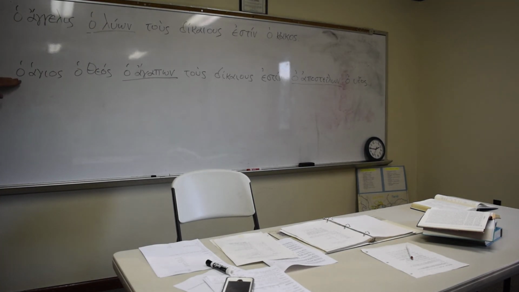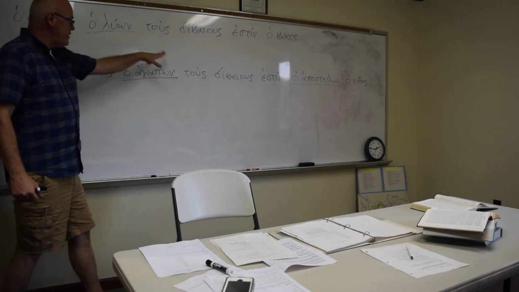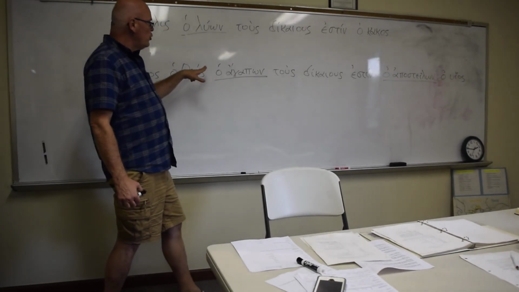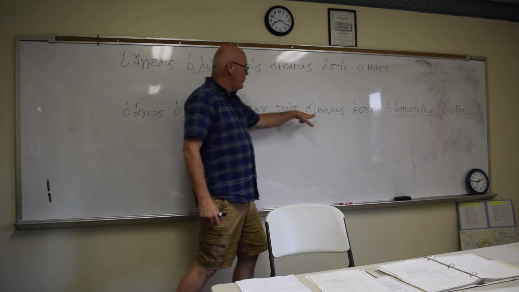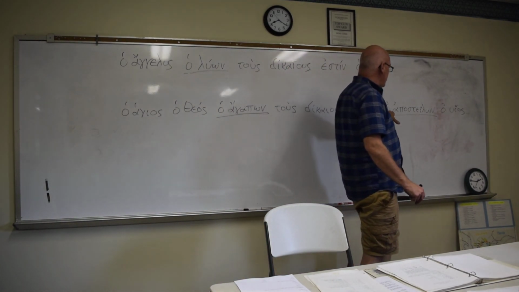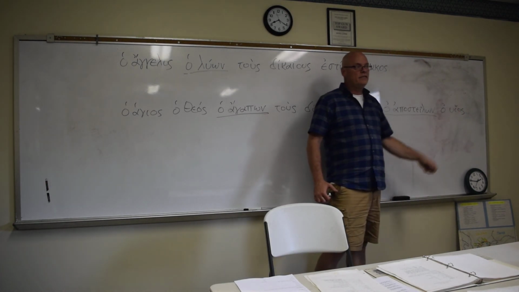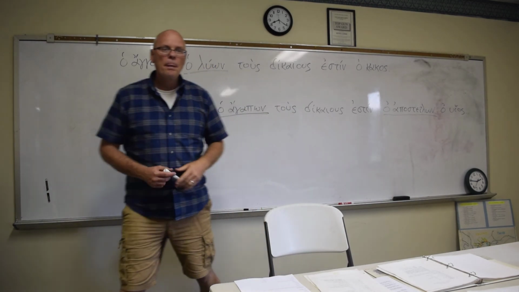Okay, we do the same thing here. Now this is a little different. We've got the holy God. And then this is the participle, the present participle, who is loving the righteous ones, is the one who is sending the Son. Can you say that one more time, please?